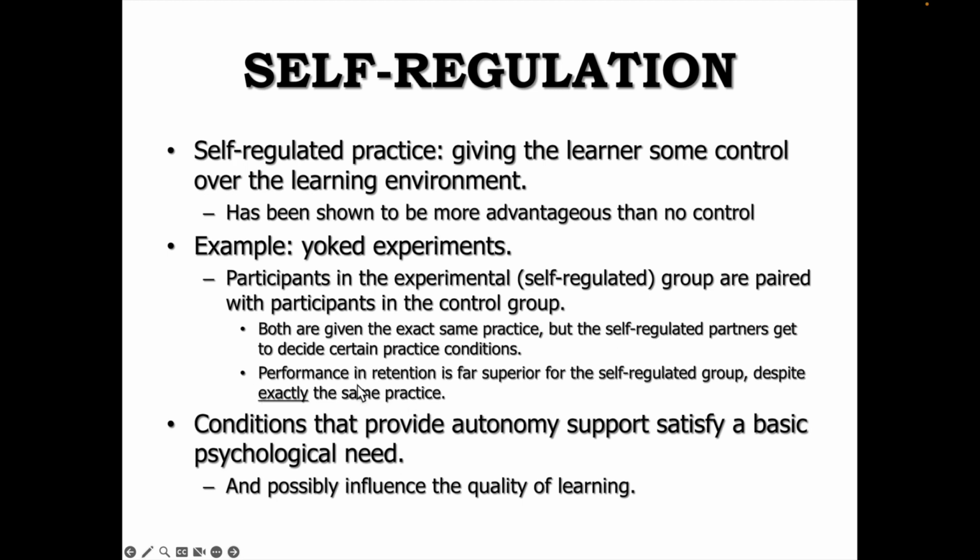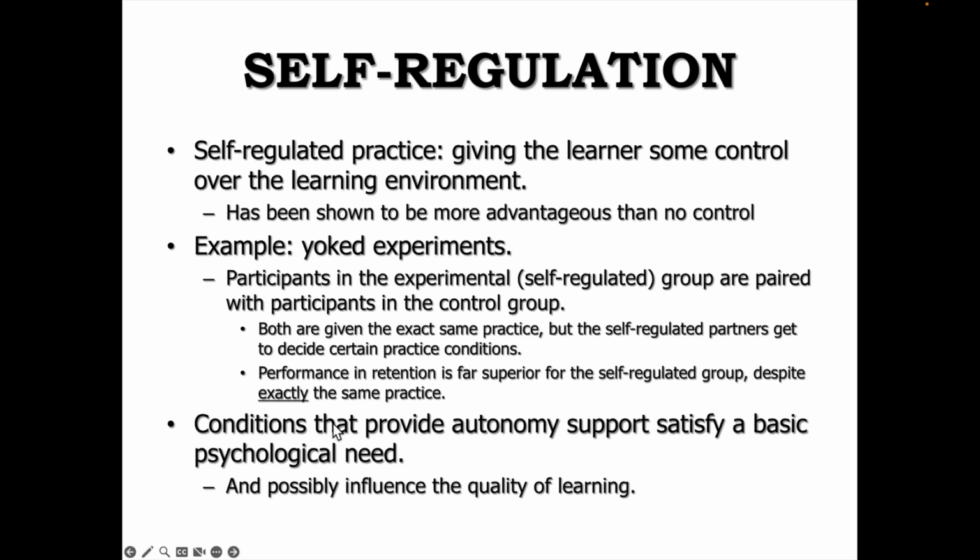And what they saw through the practice, when they looked at retention of performance, is that the self-regulated group performed a lot better in the retention tasks compared to the group that did not have any control, despite them undergoing the same exact practice routine.